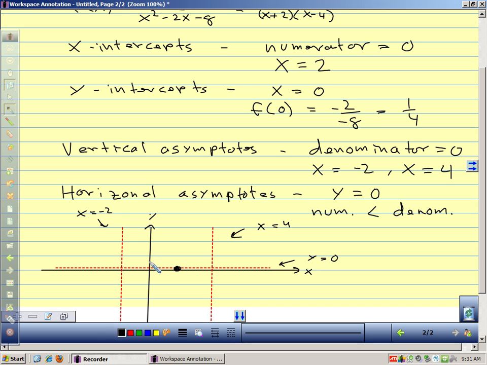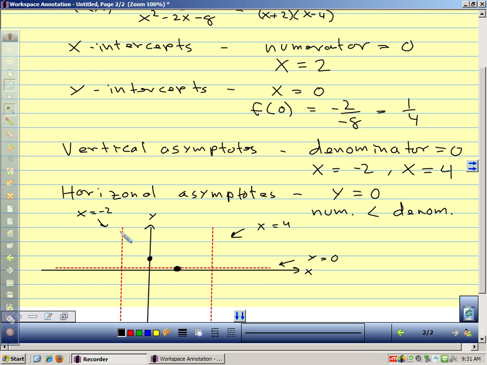So our y-intercept, and I'll magnify the y-axis a little bit, and we'll say this intercept is at y equals 1/4. So now we need to know what it does between here, on this side, and on this side. So we're going to plot some additional points.